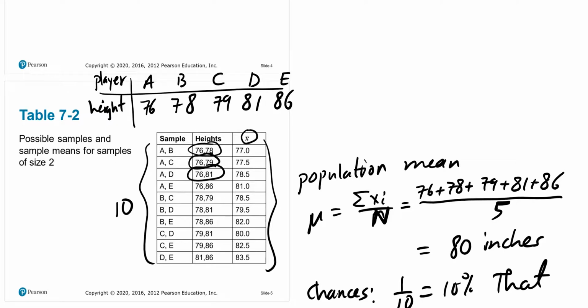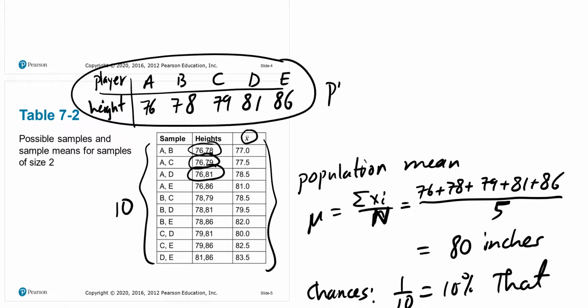This is my entire population, which is very small, only 5. So we find the population mean mu by adding all the numbers in the first table and dividing by 5, because there are 5 players. That gives 80 inches.